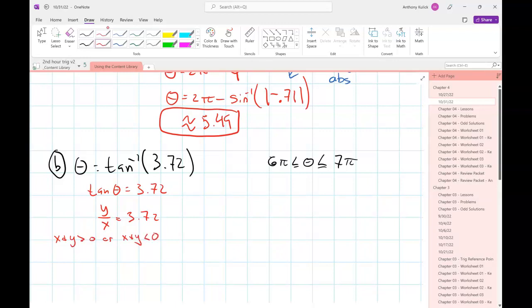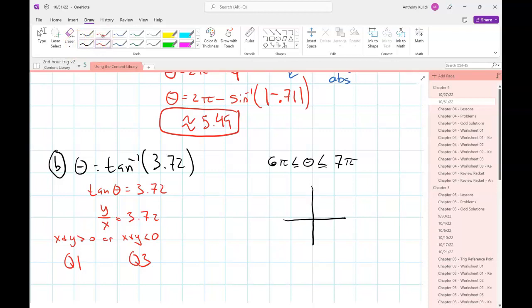In what quadrant are both x and y positive? Quadrant 1. And what quadrant are both x and y negative? Quadrant 3. Okay, so that tells me that.